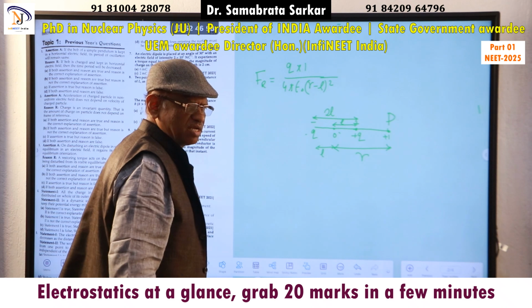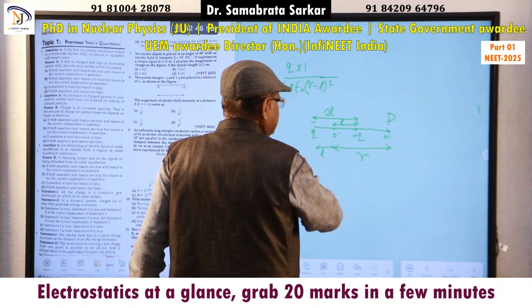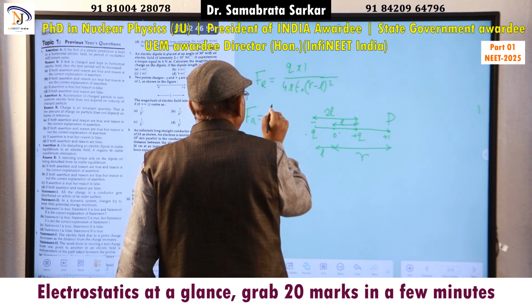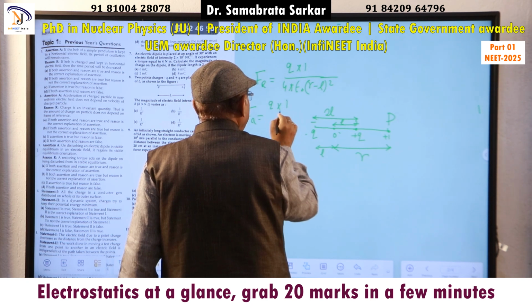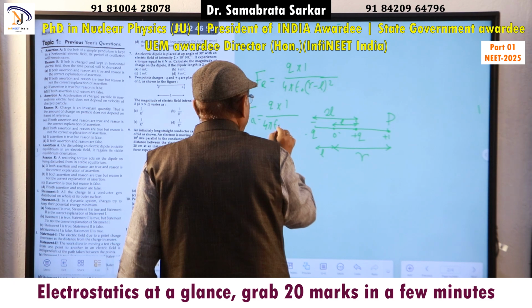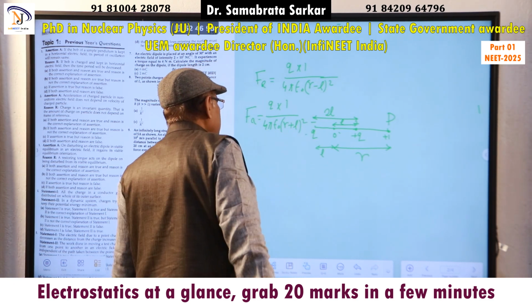Isn't it? It will repel, and this one will attract. Then attractive equals Q into 1 by 4 pi epsilon naught (R plus L) whole square.